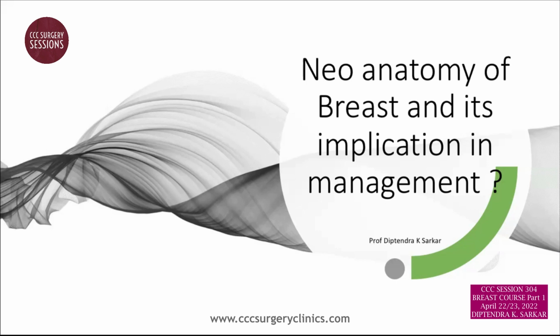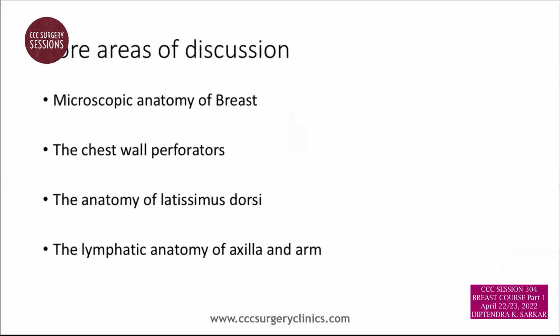So the first topic that I have chosen today for your course is the neoanatomy of breast and its implication in management. Now you have all been through the anatomy of terminal duct lobular units, the lobules and the ductules, and I'm not going to take you through that. I have chosen these 4 areas which you as an upcoming breast surgeon must know.